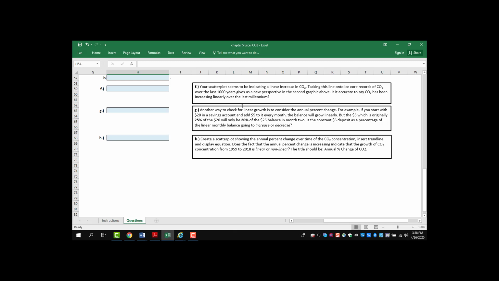For example, if you start with $20 in a savings account and add $5 every month, the balance will grow linearly, but the $5, which is originally 25% of $20, will only be 20% of $25 in month 2, and so on. I'm going to run up a little Excel file and explain how percent change is related to linear growth.